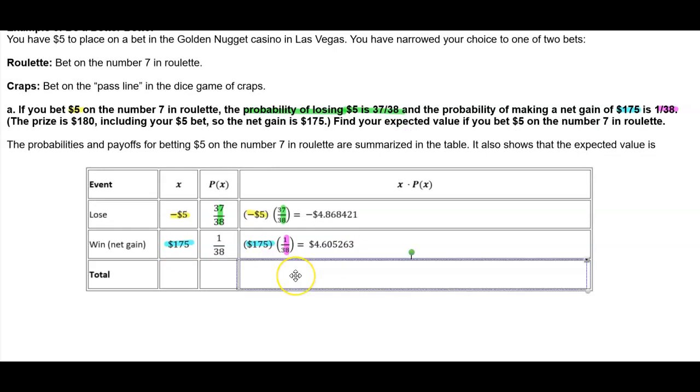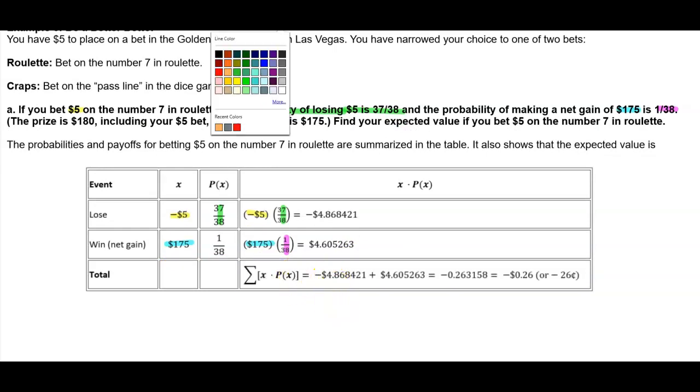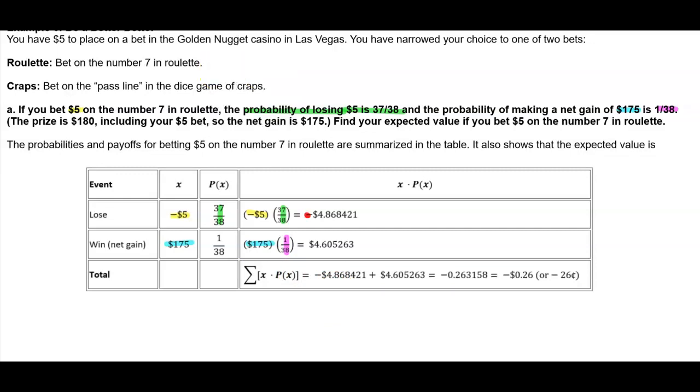Now we want to find the total. So if we want to find the total, okay, we're going to take these two values. We're going to take negative 4.868421, and then we're going to add 4.605263, and we get a value of negative 0.263158. Now we're going to round that to the nearest cent.